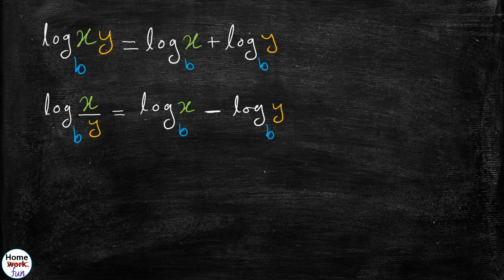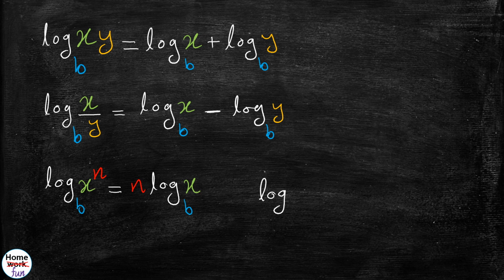Next will be the power rule, which we already mentioned. If you have log of x to the power of n, the base of the log is b, I can write that as n multiplied by log of x with the same base, b. What if the base has a power?